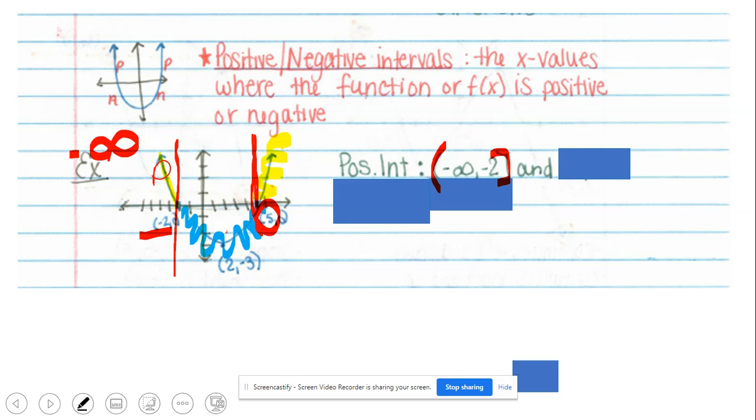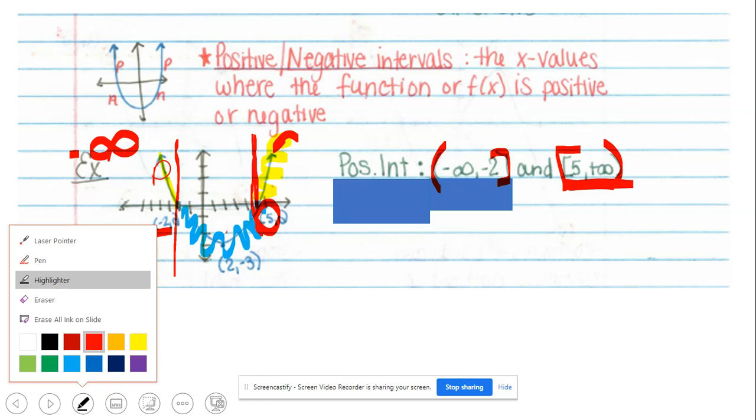So finishing this second positive interval, it comes back positive at 5 and continues being positive all the way to positive infinity. So in this example, we have 2 positive intervals. In another graph, there might be 3 or 4. It just depends on what the graph looks like.